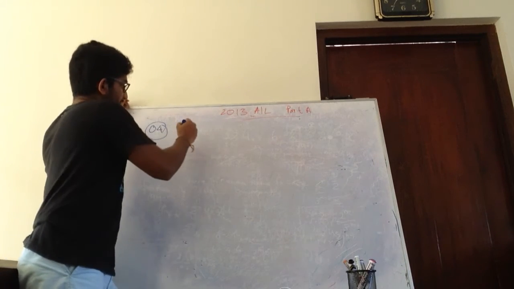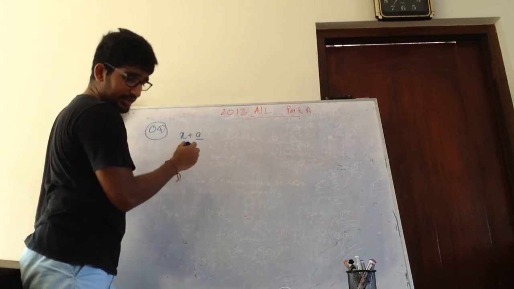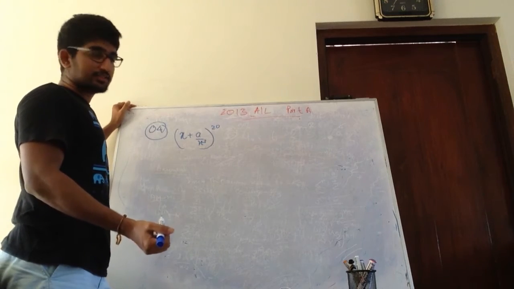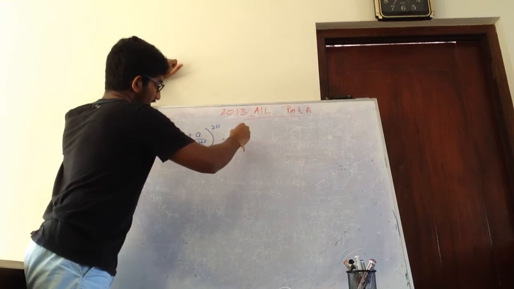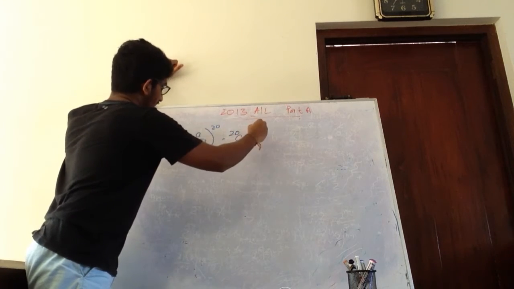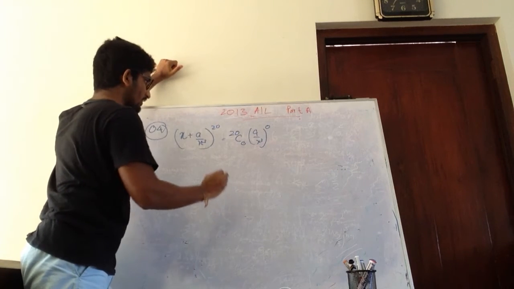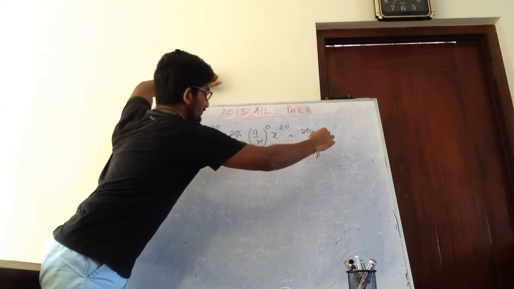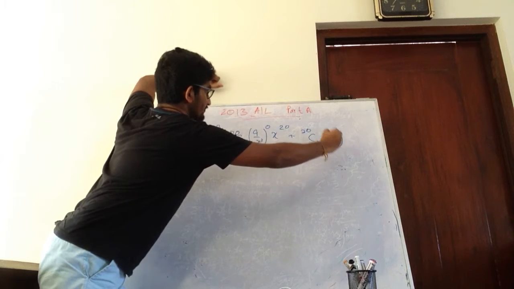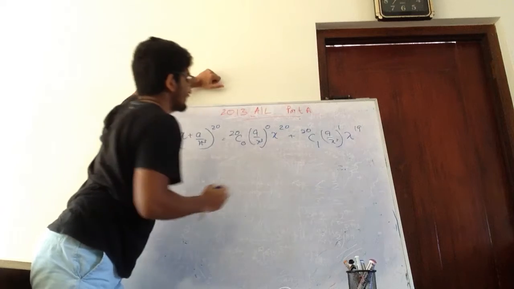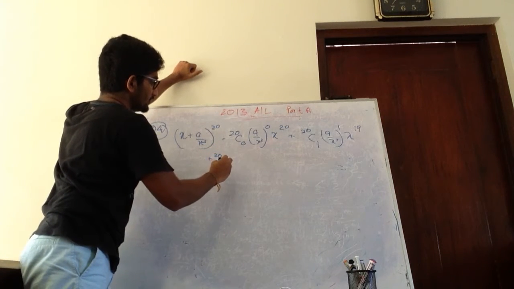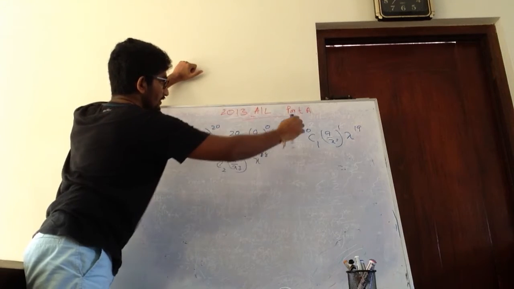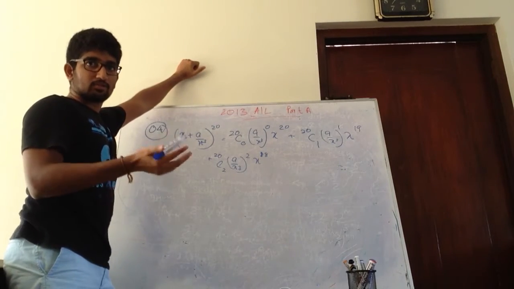If you take (x + a/x^3) to the power of 20, the way you expand is basically 20C0 (x)^20 (a/x^3)^0, plus 20C1 x^19 (a/x^3)^1, and this becomes x^19 times a over x^3, plus 20C2 x^18 (a/x^3)^2. So the power of x goes down and the power of the second term goes up. That's how the binomial expansion works.